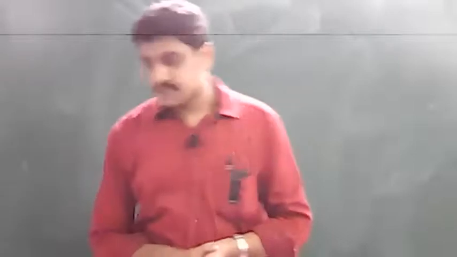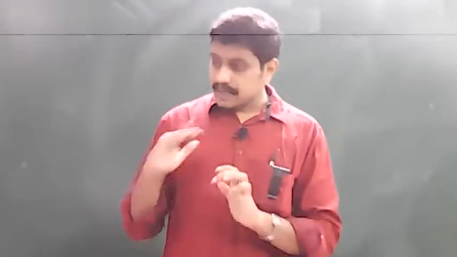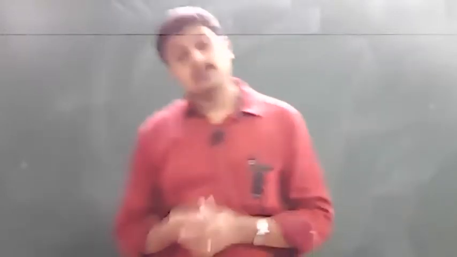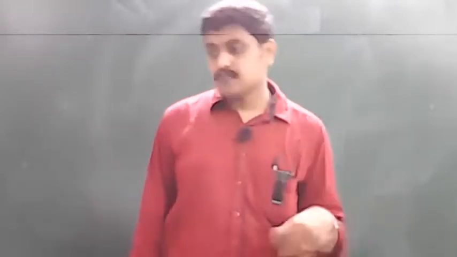Background radiation. There are two kinds of background radiation: internal source and external source. For each and every human being, two kinds of source are there: internal source and external source. What do you mean by internal source?